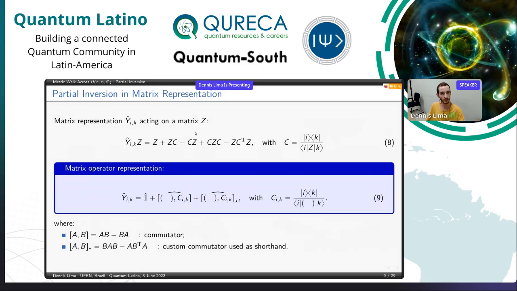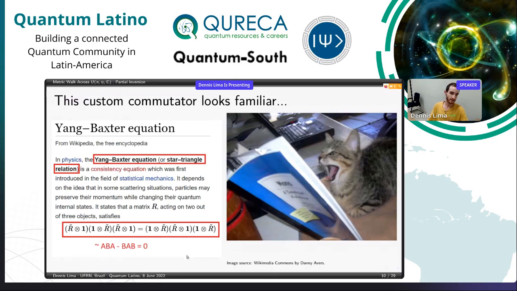This partial inversion, when I apply this in a matrix Z, we have this equation, and it has a matrix representation with identity plus a commutation operator plus a custom commutation operator that I called this star commutator, and it looks very much like the Yang-Baxter equation that occurs in braid theory and statistical mechanics, like this.